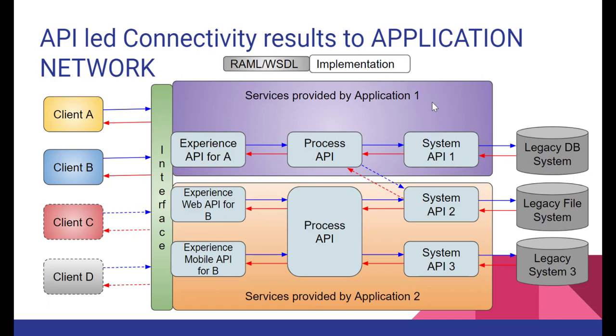So we will see later in the demonstration part that whenever any API is being built, in case of Mule, we can design the API using RAML in the API designer, which is available with the Anypoint platform, right? That is the cloud version.